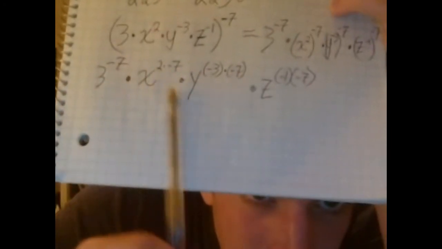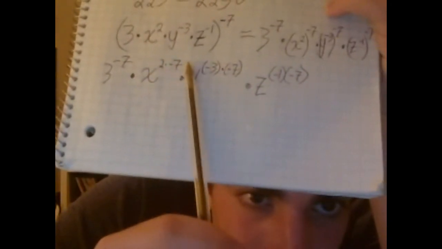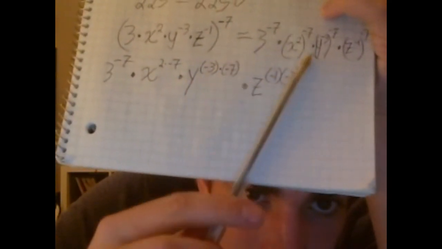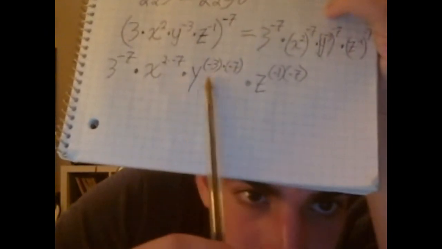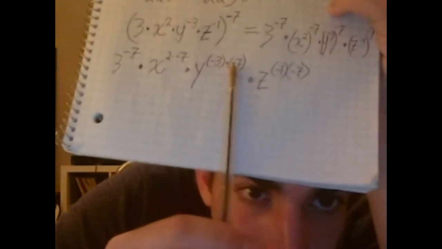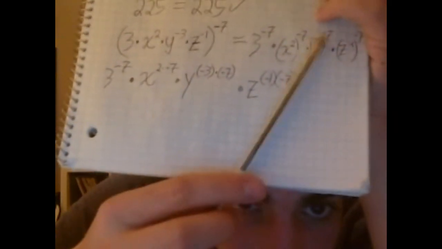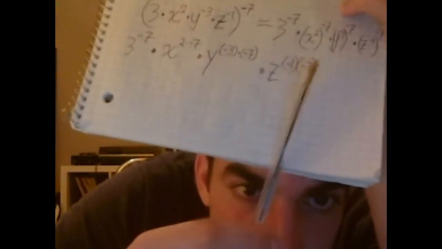I'm just saying that x squared to the negative 7th is x to the 2 times negative 7. y to the negative third to the negative 7th is equal to y to the negative 3 times negative 7. And z to the negative first to the negative 7th is z to the negative 1 times negative 7.